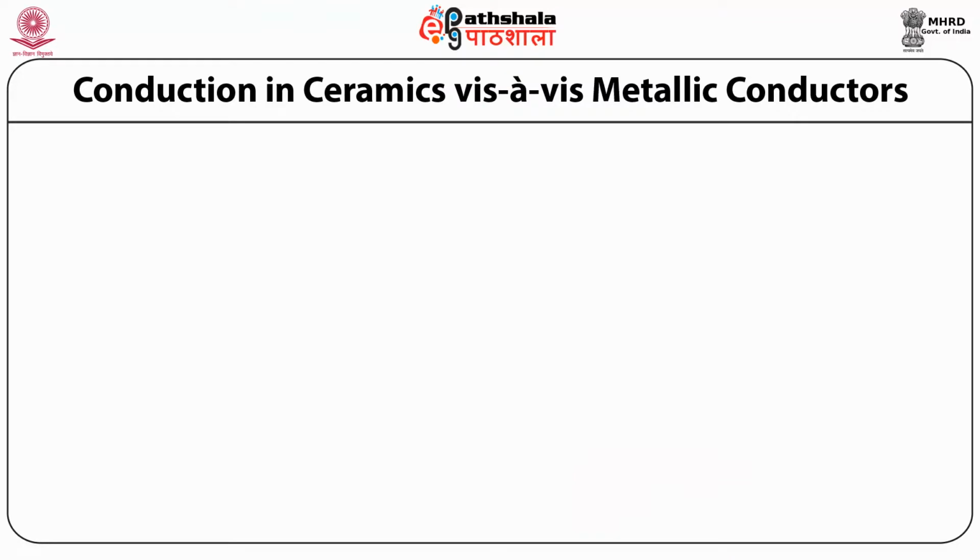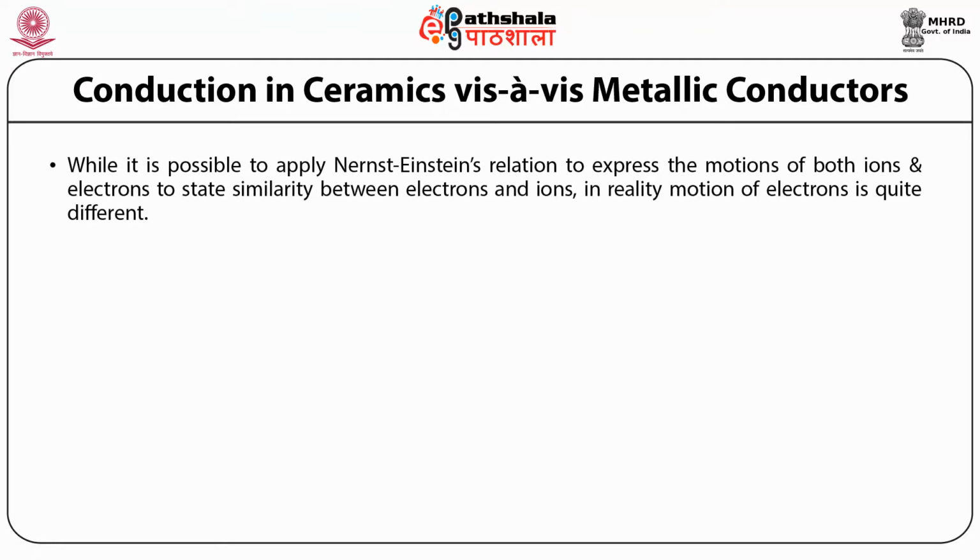Now comes the conduction in ceramics through metallic conductors. While it is possible to apply the Nernst-Einstein relation to express the motion of both ions and electrons, to state the similarity between electrons and ions, in reality the motion of an electron is quite different.